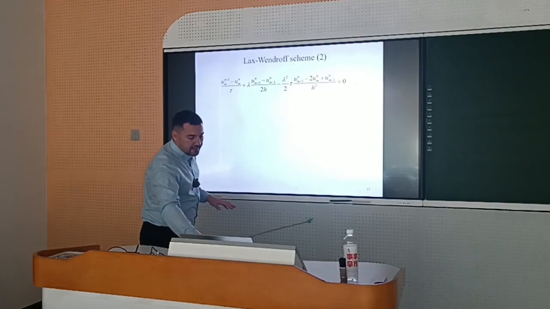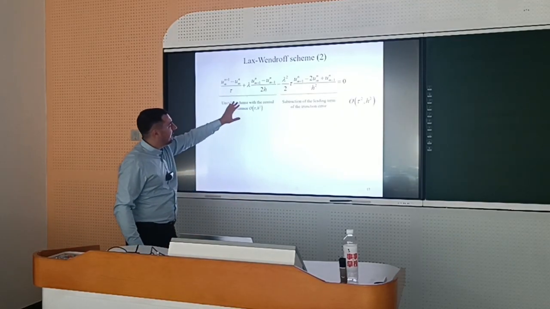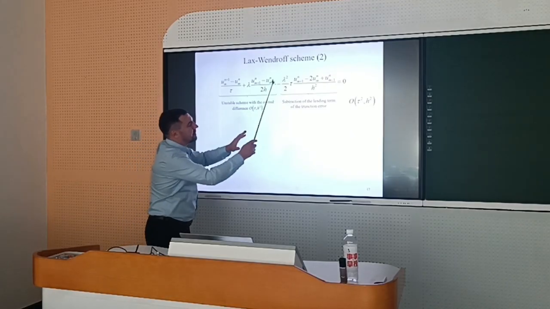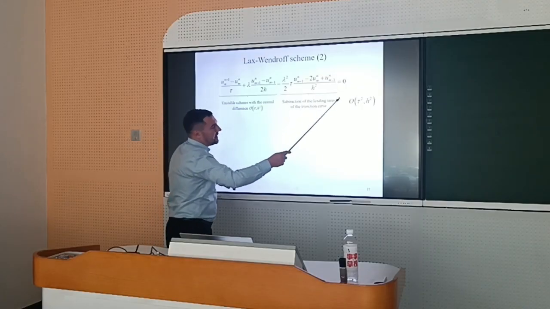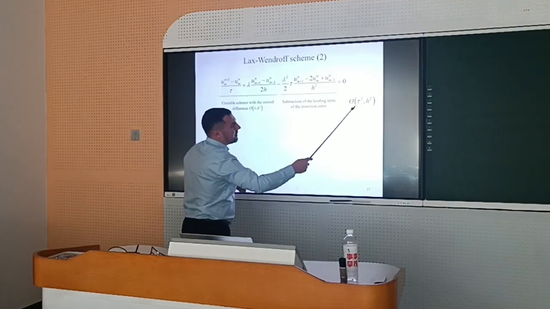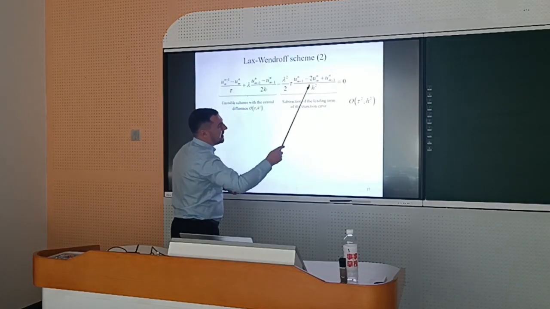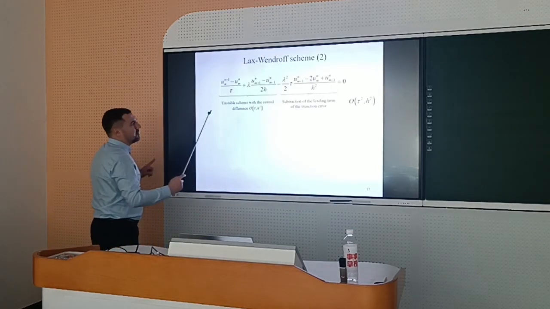So we had the unstable scheme with the central difference and the accuracy was O of tau plus h squared. Then we subtract the leading term of the truncation error, and now we get big O of tau squared plus h squared, because we cancel out the term proportional to tau to the first power.